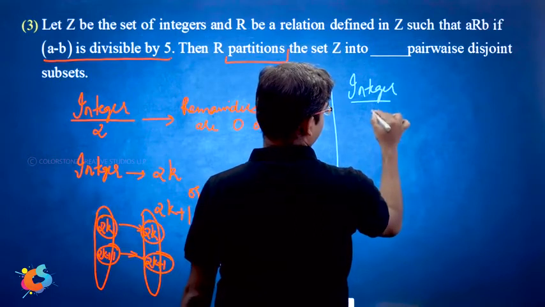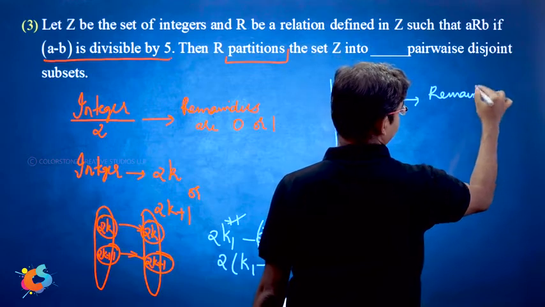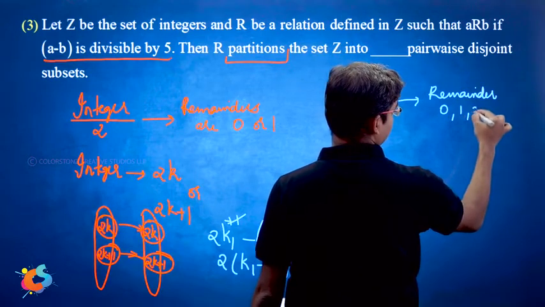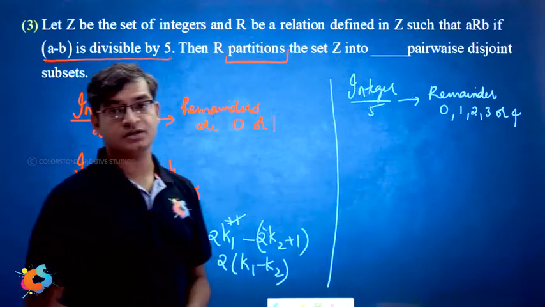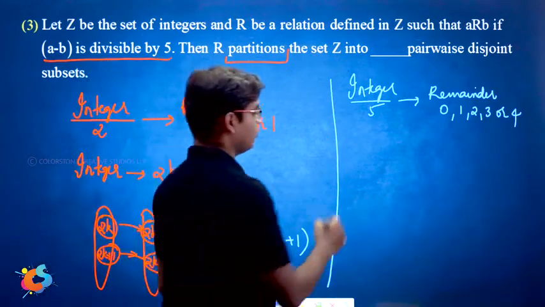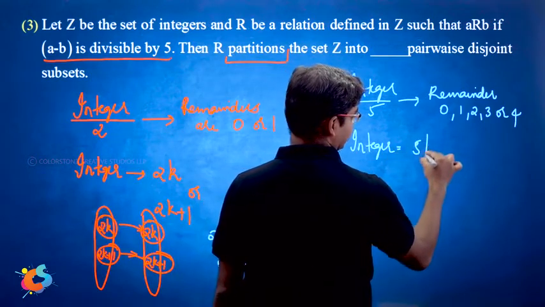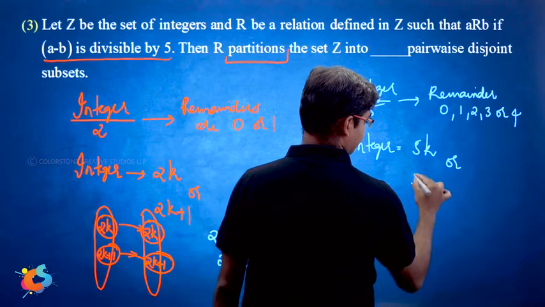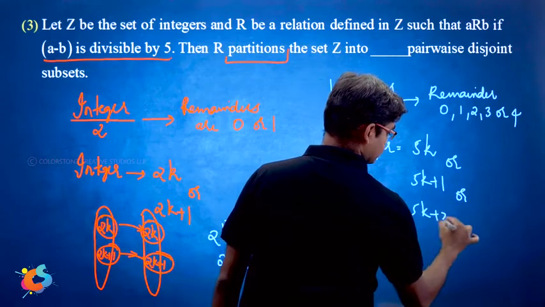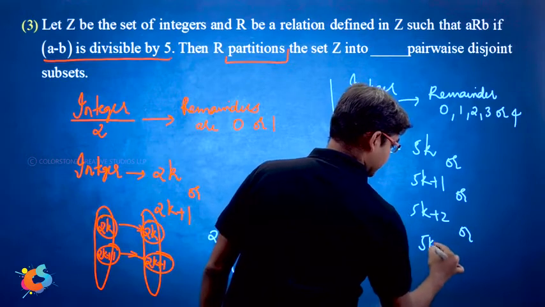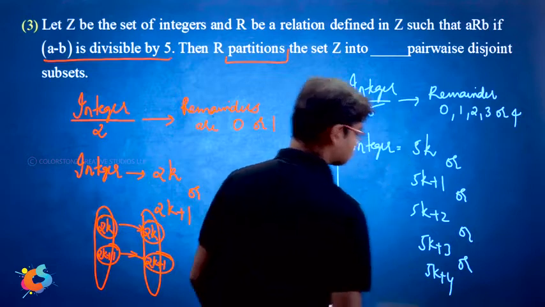Let us do it with 5. The remainder will be 0, 1, 2, 3 or 4. These are the only possible remainders. Therefore, any integer can be written as 5k, 5k plus 1, 5k plus 2, 5k plus 3 or 5k plus 4.